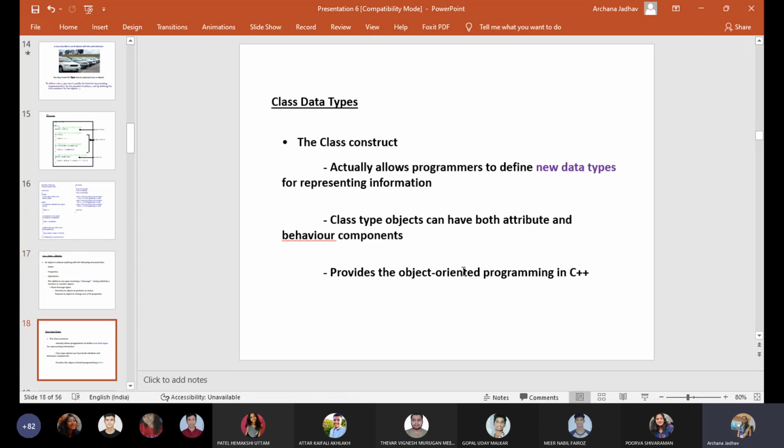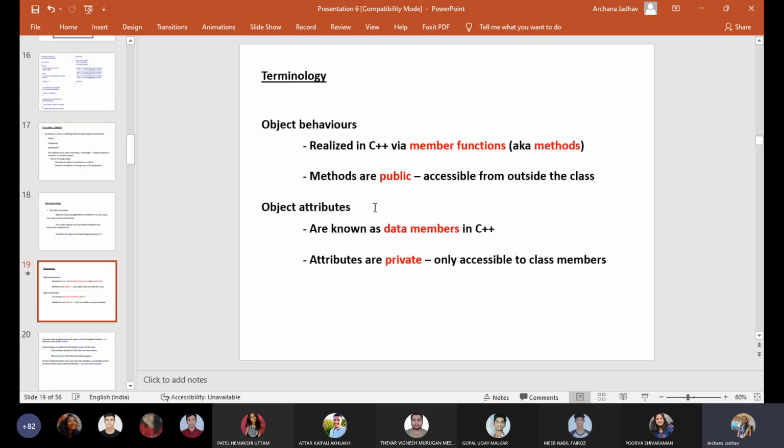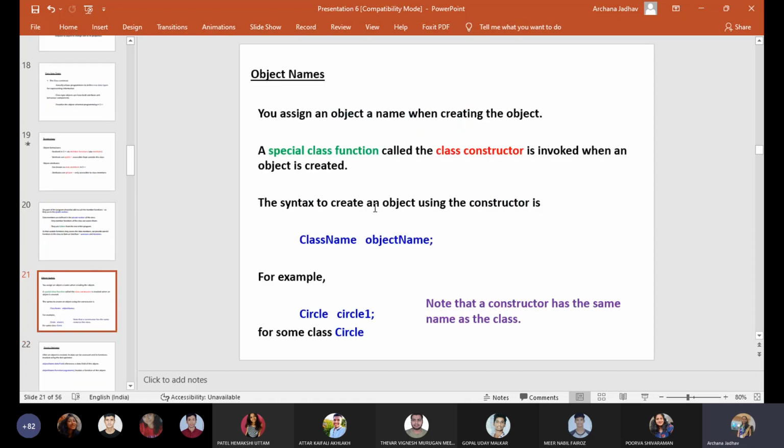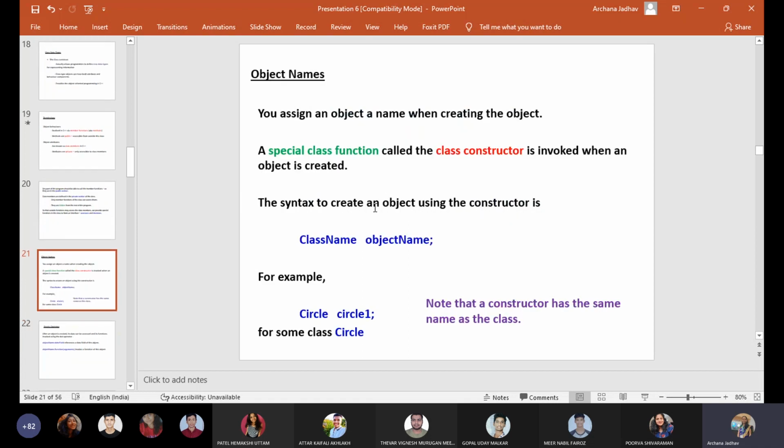So when you are talking about the object, you should be able to write the objects with respect to their behavior and properties. Let me show you one simple example for this now.